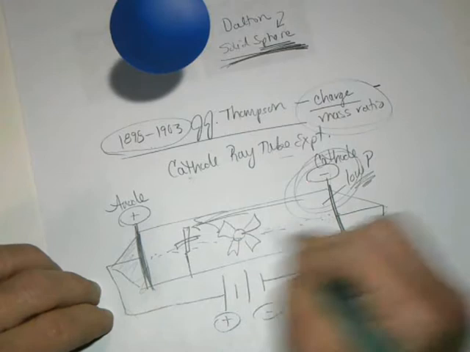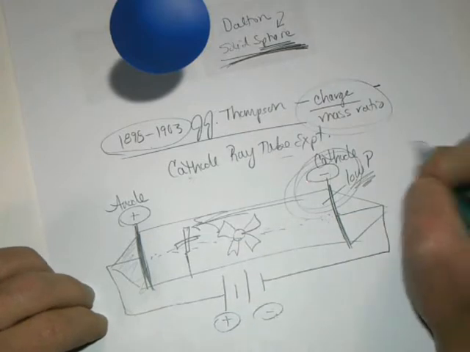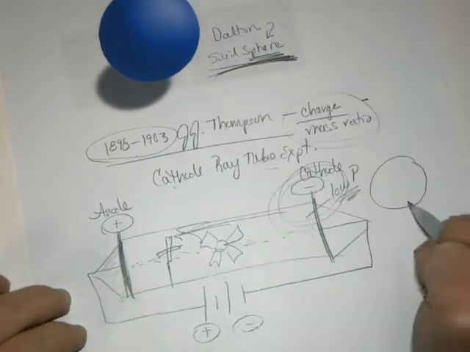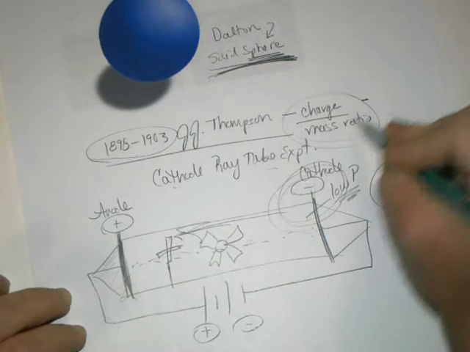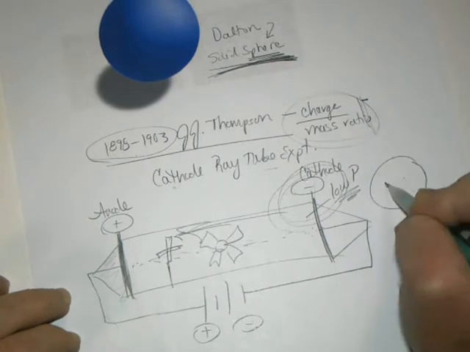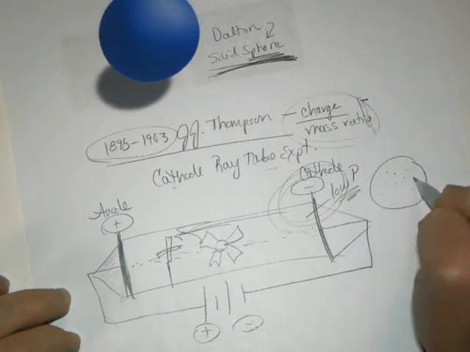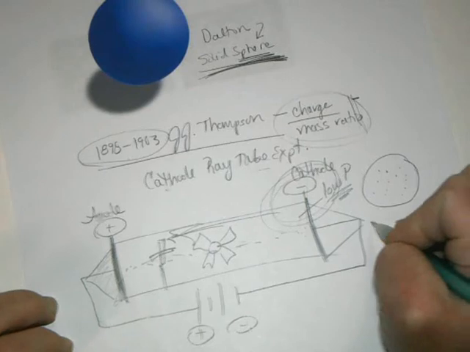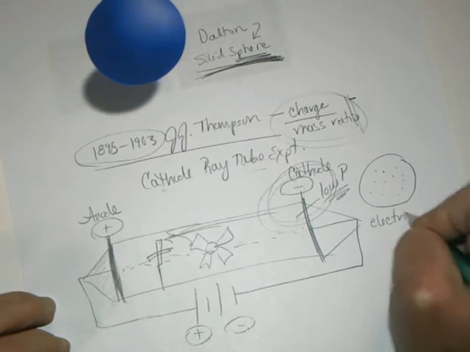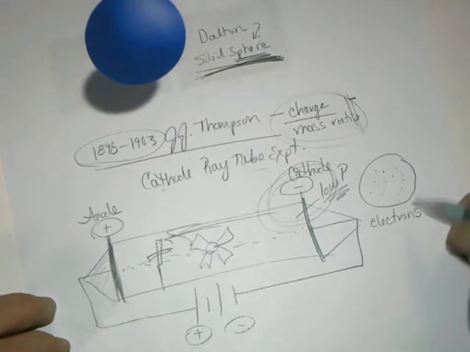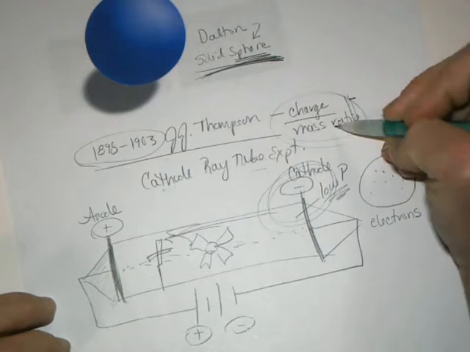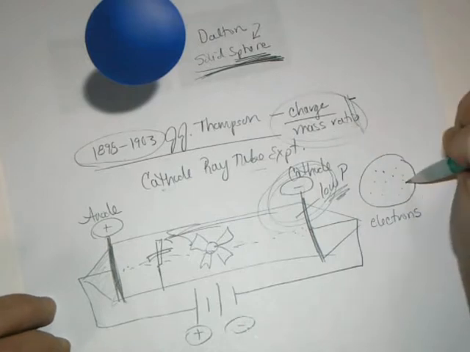He predicted then that inside the atom there were incredibly small, by looking at this charge to mass ratio, incredibly small negative pieces. He chose to call these negative pieces electrons. He didn't know exactly the mass, exactly the charge, but from this value, he had an idea that they were incredibly small.